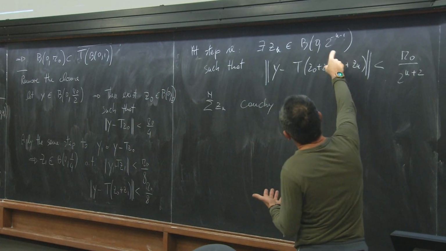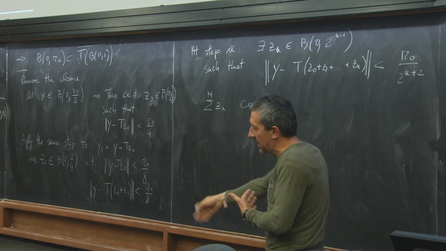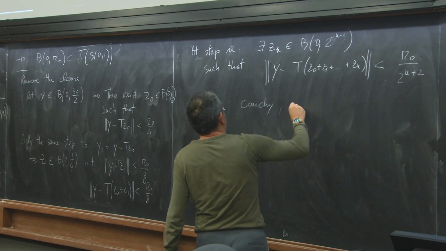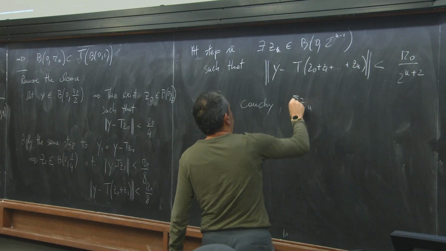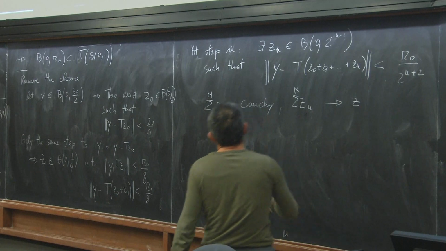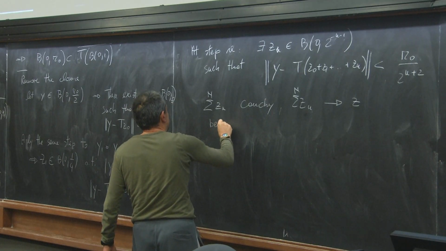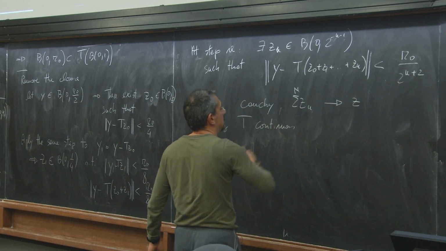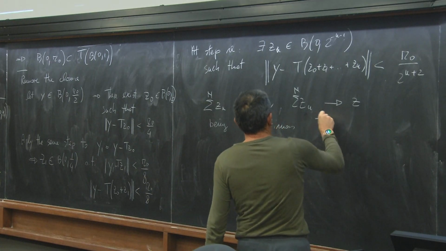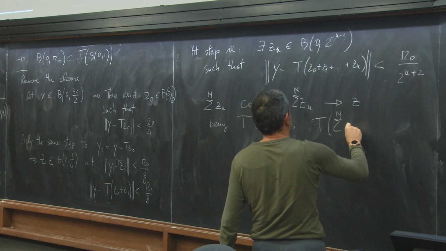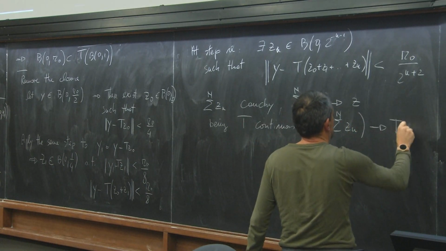Because you see the norm is divided in half, so it's clearly Cauchy. And so the sum over n of Zn converges to some z, and being T continuous, T of the sum converges to Tz.